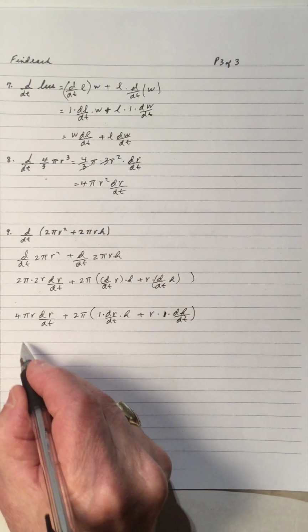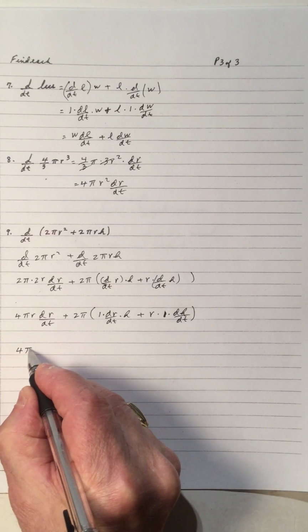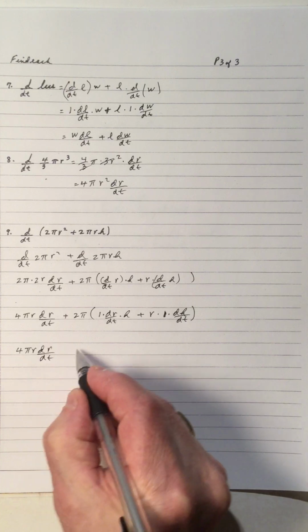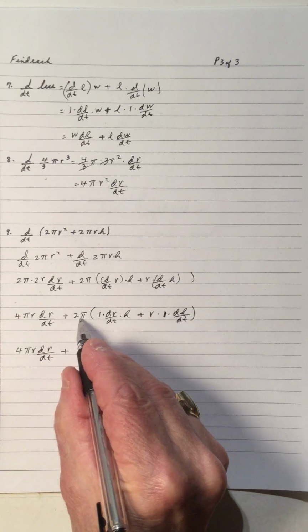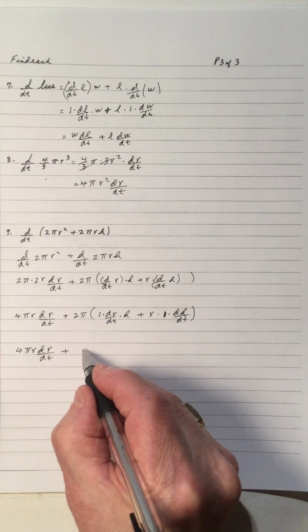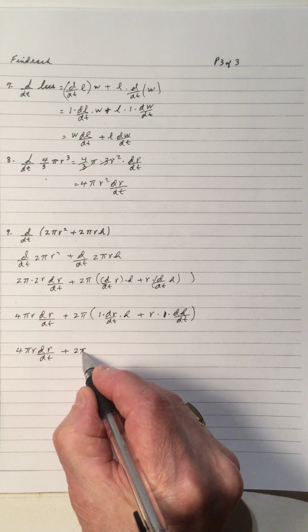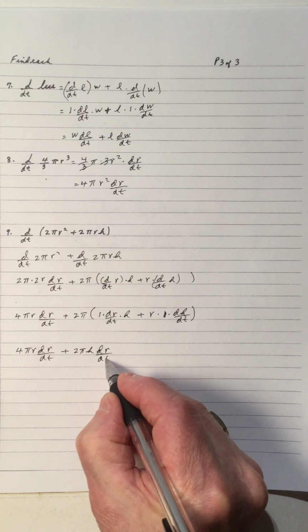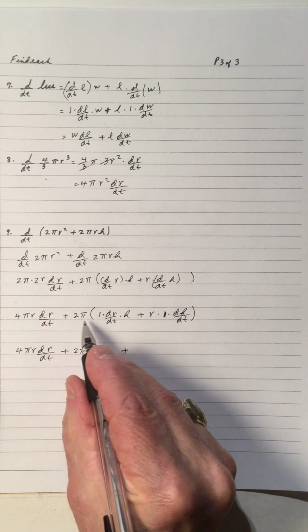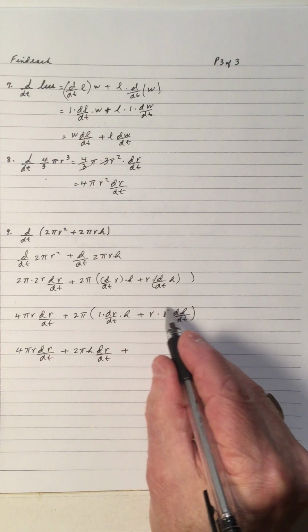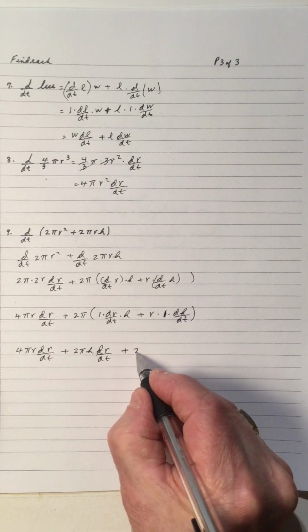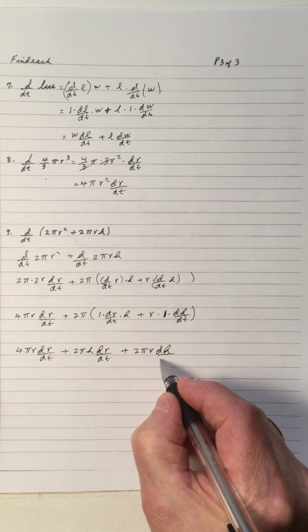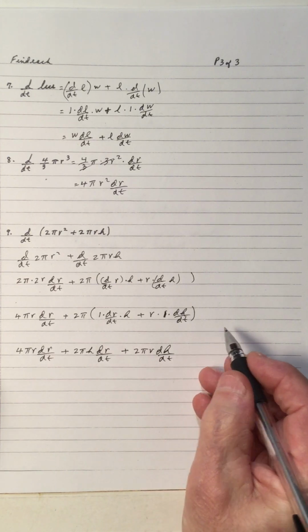This is already simplified, so we get 4 pi r dr/dt plus 2 pi times this term, 2 pi h dr/dt, plus 2 pi times this term, 2 pi r dh/dt.